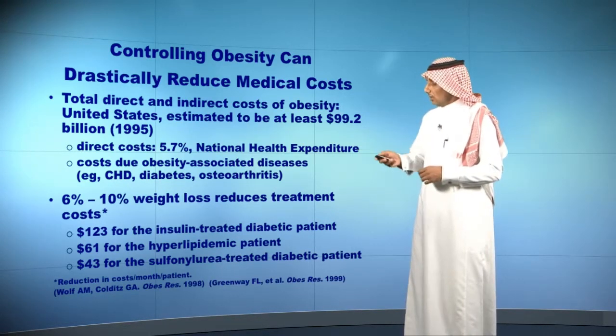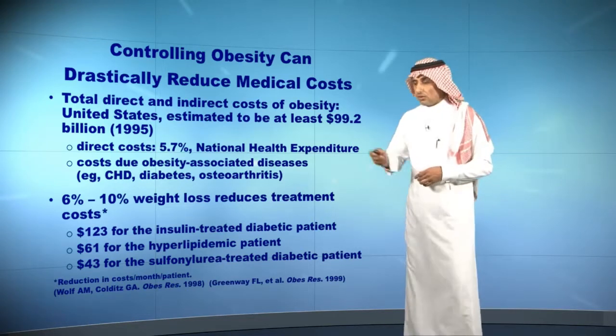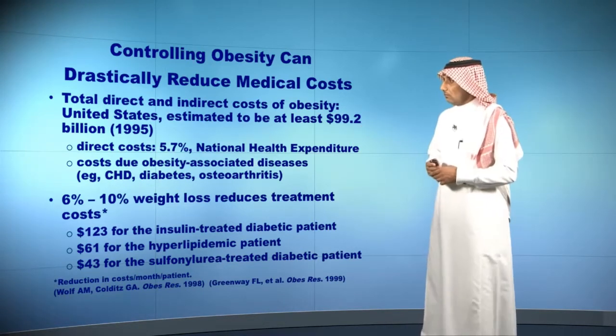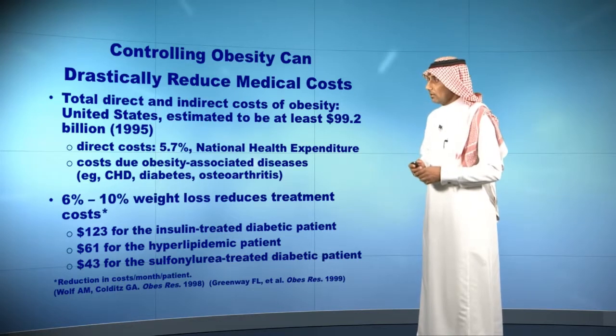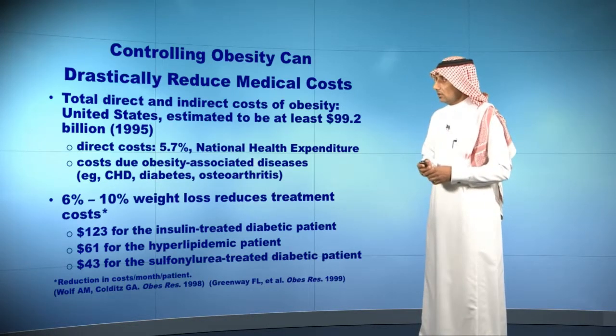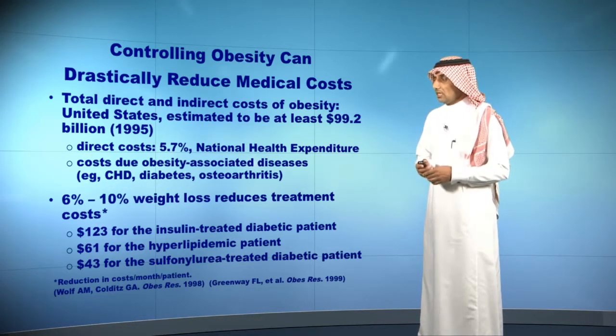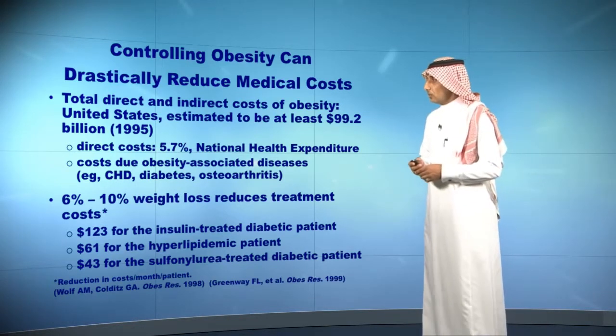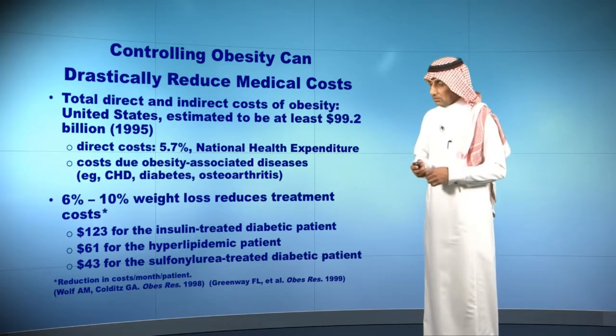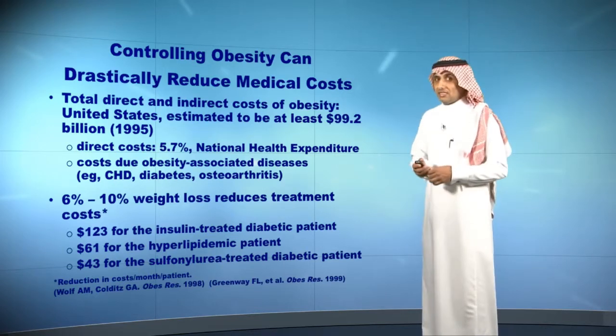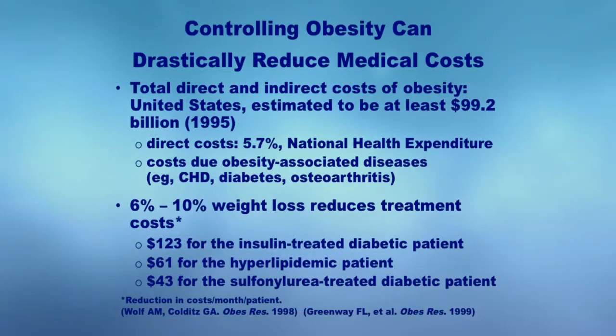If you look at what they did in the States and how they treat this, they found that the total direct and indirect cost of obesity in the United States is estimated to be at least 99.2 billion. That's in 1995. If you remember from my slide, in 1995 obesity was not that high. It was not even reaching 20%.